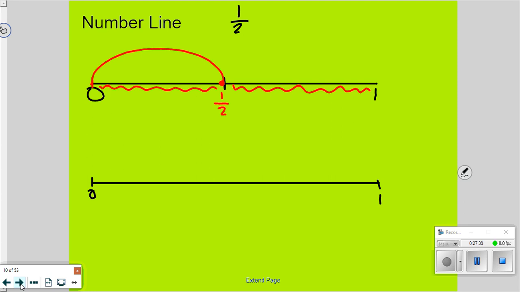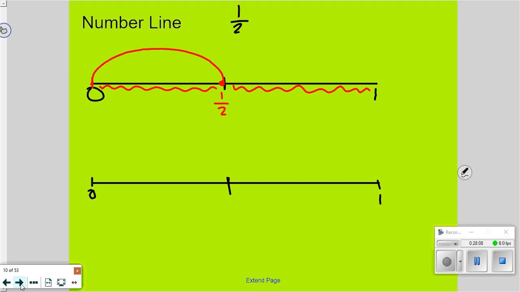Let's pretend I wanted to break this number line into fourths. How many pieces do I need? Macklin? 4. I need 4 pieces, 1 for each fourth. I'm going to start with my half.